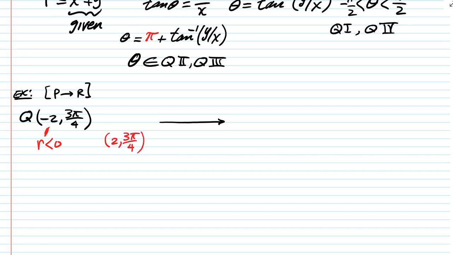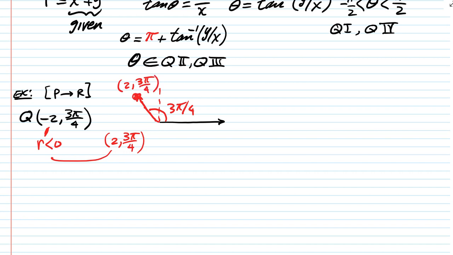And then we do a reflection to adjust for negative r. So 3 pi over 4 is going to be the measure of the angle here, right? And there you go. That's 3 pi over 4, and 2 is the radial distance. So this is the point, 2 and 3 pi over 4.